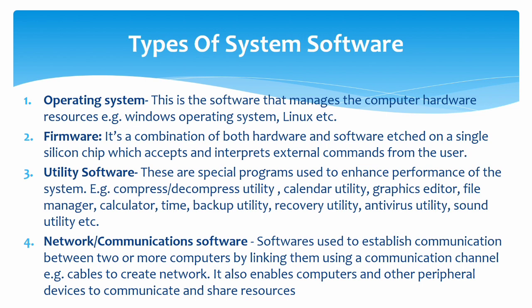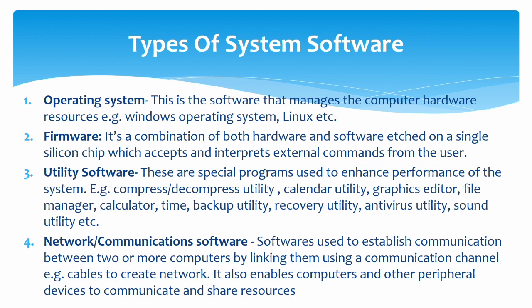So the operating system, which people call OS, manages computer hardware resources. So it's the software that manages any hardware resource you're using with that computer. Detecting what you're typing, movements of the mouse, detecting of input-output devices, managing memory. We shall be looking at operating system in depth later on in this topic.